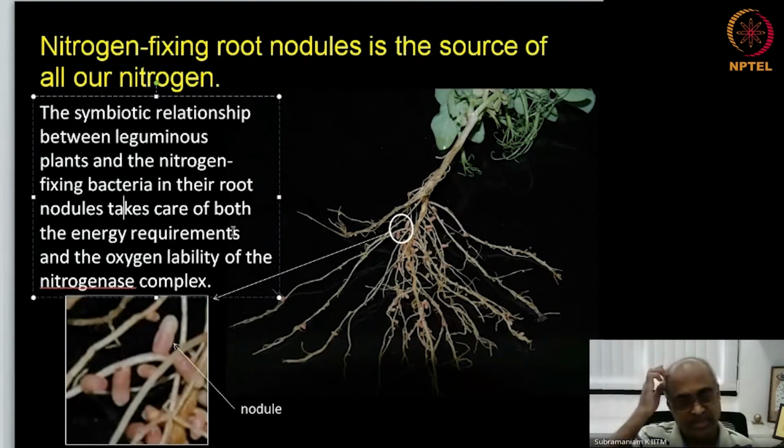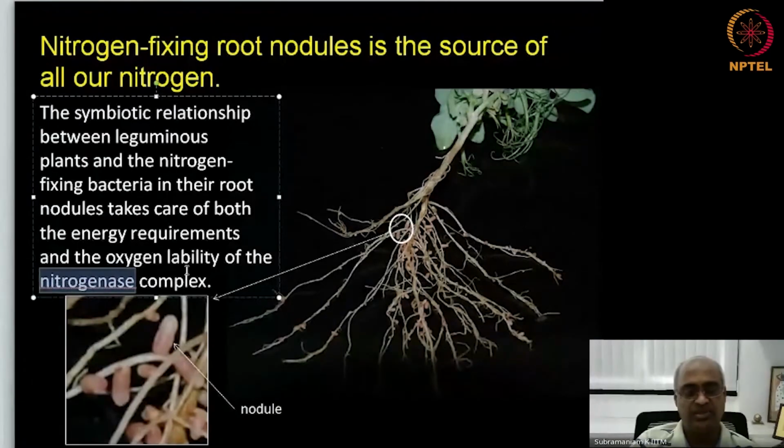Also the nitrogen reducing enzyme nitrogenase is very sensitive to oxygen, and the oxygen is removed away from this bacterial nitrogenase and protected by the plant produced components. So therefore plants provide both energy requirements and they take care of the oxygen lability of the nitrogenase complex. So that is how bacteria benefits from the plants. Plant benefits by getting the fixed nitrogen.